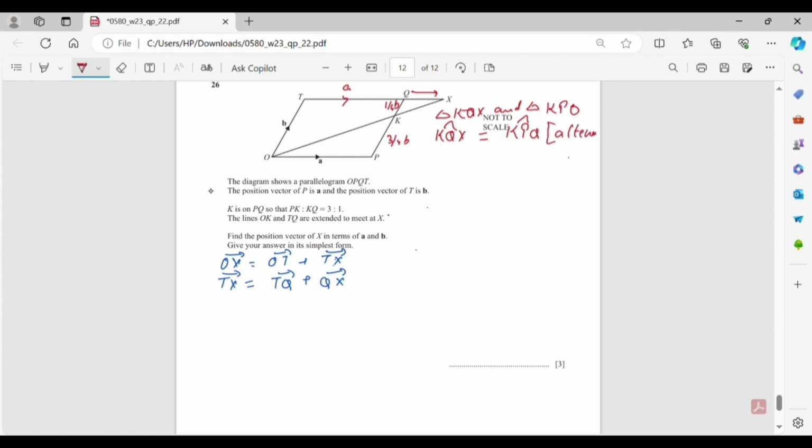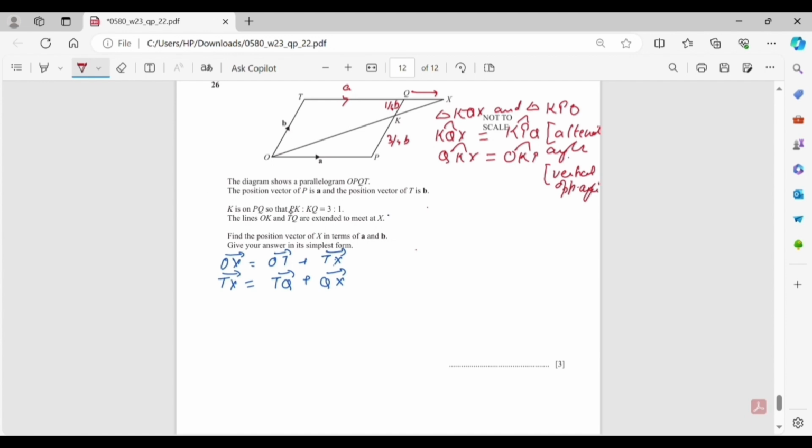Alternate angles. And angle QKX is equal to angle OKP, vertically opposite angles.